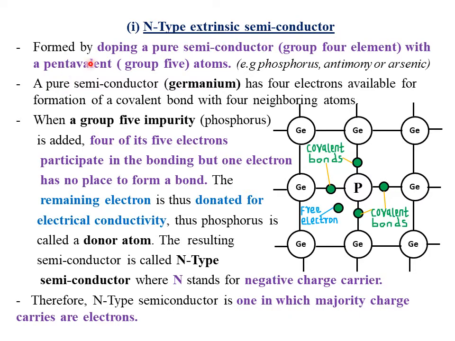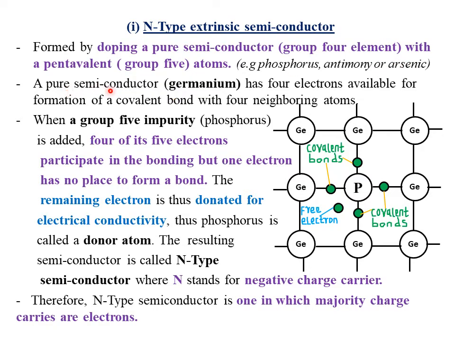Therefore, when we talk of a pentavalent, we simply mean an atom that has 5 valency electrons, or what we simply call the group 5 atoms. That is, atoms that have 5 electrons in the outermost energy level, which are readily available to be used in bond formation. Examples of pentavalent or group 5 atoms include phosphorus, antimony, and arsenic.